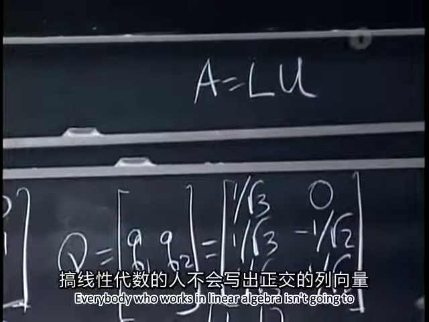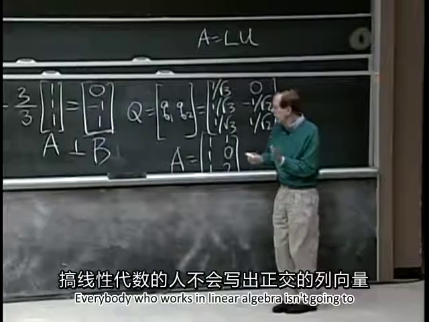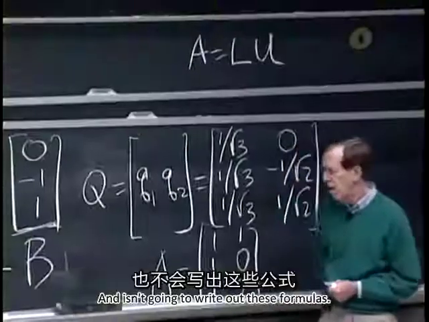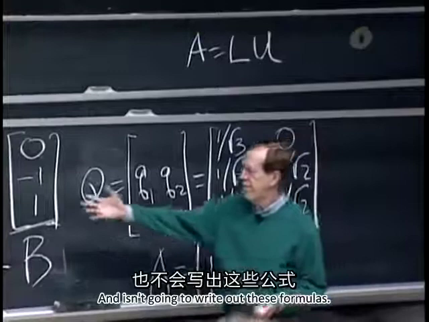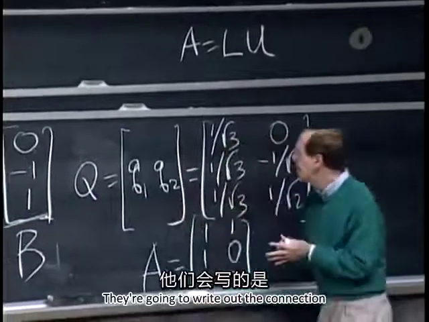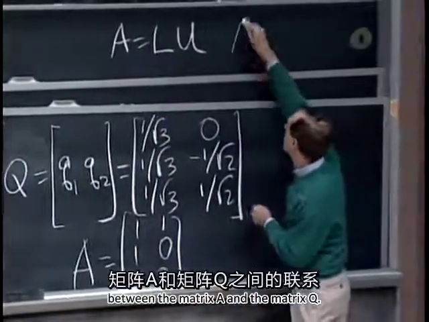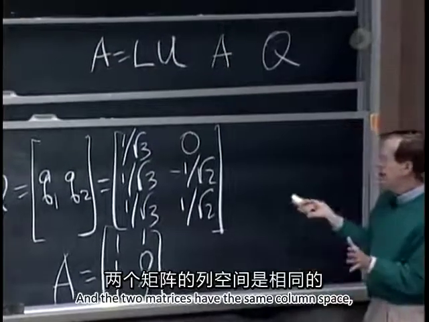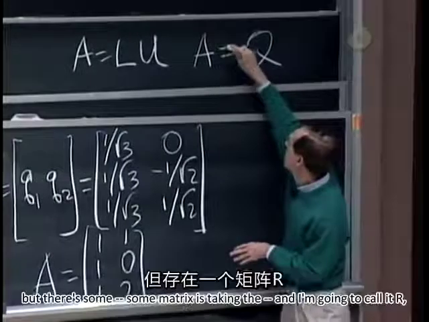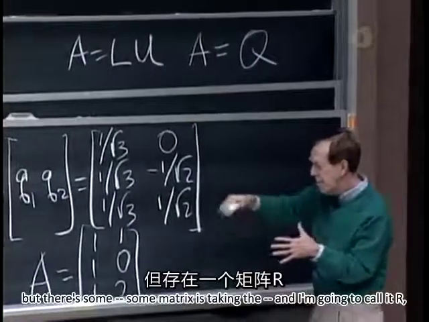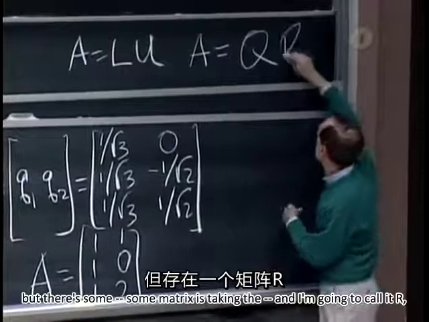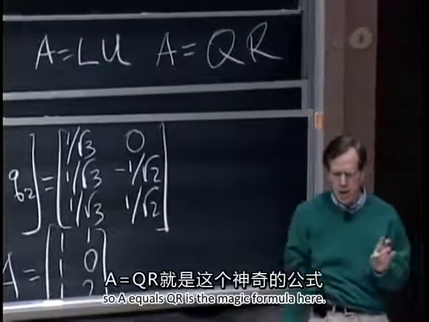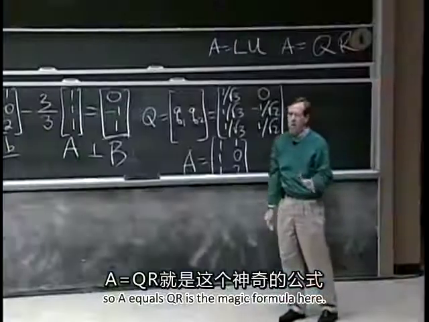Everybody who works in linear algebra isn't going to write out that the columns are orthogonal or orthonormal, and isn't going to write out these formulas. They're going to write out the connection between the matrix A and the matrix Q. And the two matrices have the same column space, but there's some matrix taking one to the other, and I'm going to call it R. So A equals QR is the magic formula here.